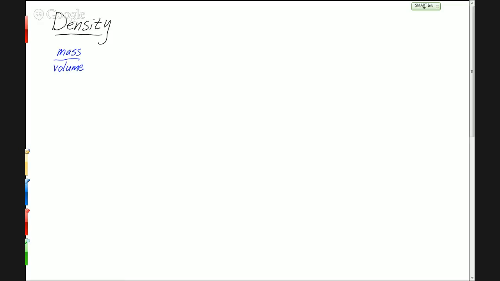So a definition of density would be the amount of matter or stuff in a given amount of space.